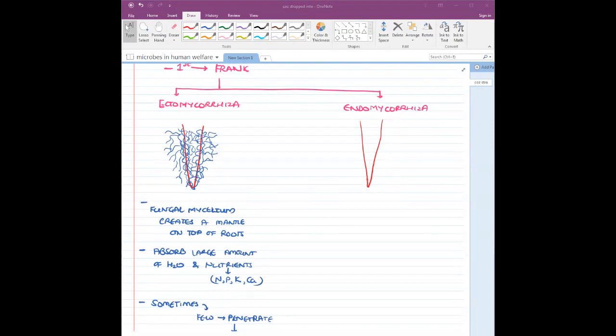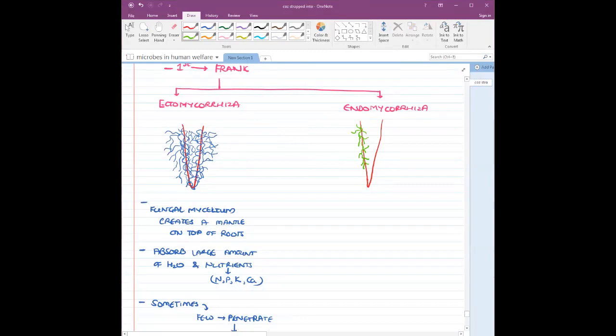So let's see what exactly happens. Here it is once again exactly on the same lines, but instead of the mantle staying on the top, these fungal mycelia actually enter, they penetrate into the plant.